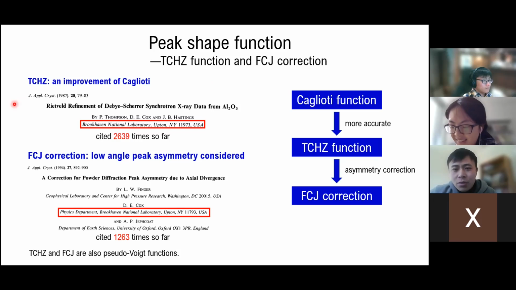If you go to the original paper, I remember they described at the very beginning how the asymmetry arises. My impression is that it also relates to the setup of your detector. How your detector, especially the diffraction geometry, all those things come into play when we analyze the detailed peak shapes. If you have the time and interest, I think you can find the answer in the original paper.